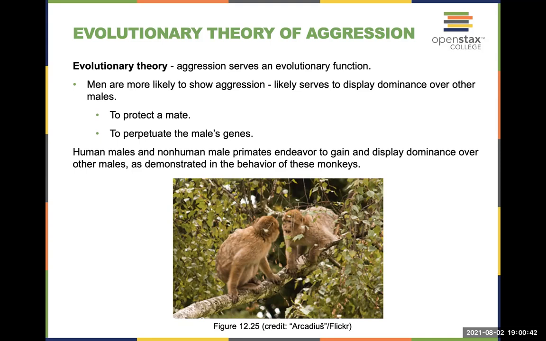So you get in the way of my mate, I'm coming after you. You're a danger to the group, I'm coming after you, right? So this definitely seems to have an evolutionary input.